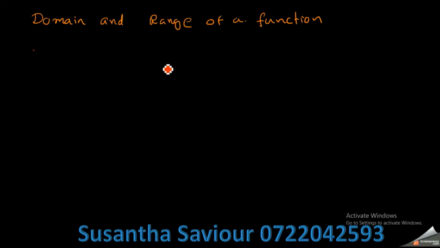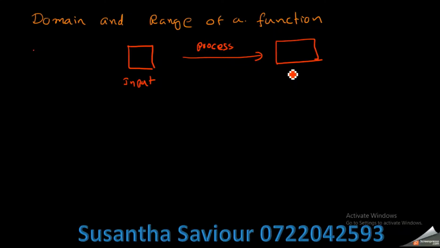A function can be considered as a process also. There is an input set, inputs, and then there's a certain process happening here, and then there's a set of outputs. This is the domain of the function, and the output set is called the range of the function.